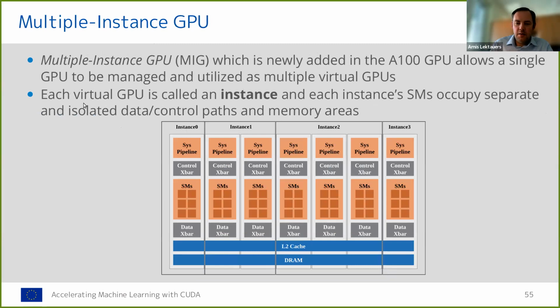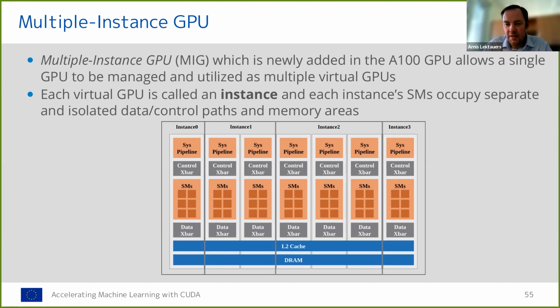And the newest thing built into the Ampere GPUs is Multi-Instance GPU support, MIG, which is newly added in the A100 GPU, allowing a single GPU to be managed and utilized as multiple virtual GPUs.